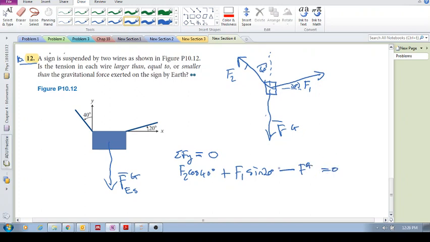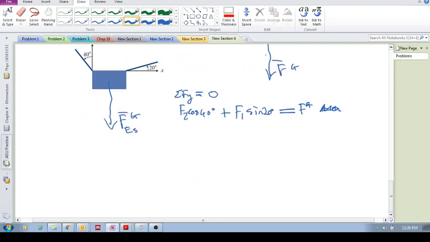But then you could actually move that over to the other side, and so it equals Fg. Those two positive components equal this negative component, right? So this is fine. This is absolutely fine.